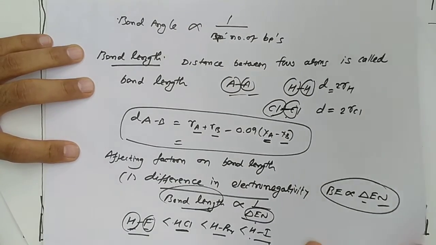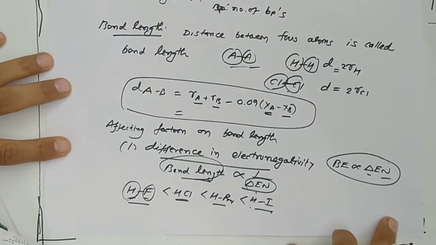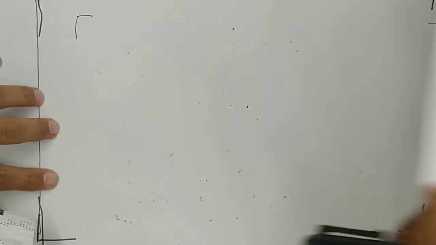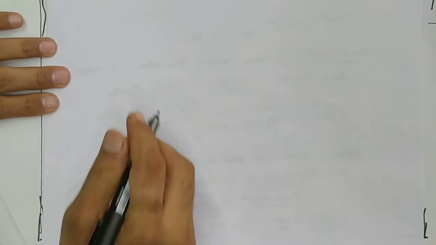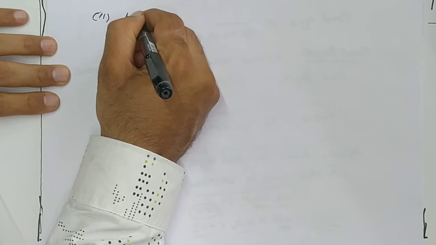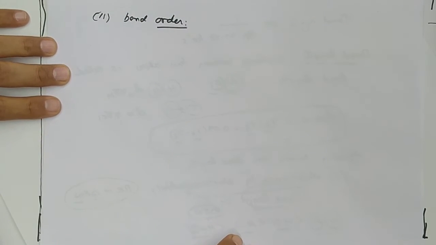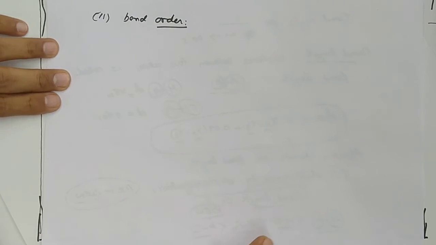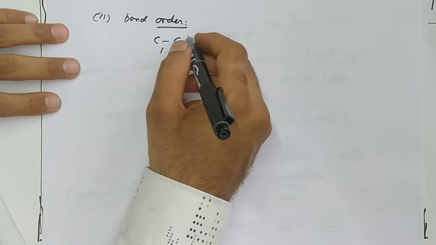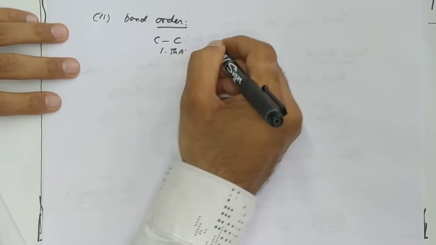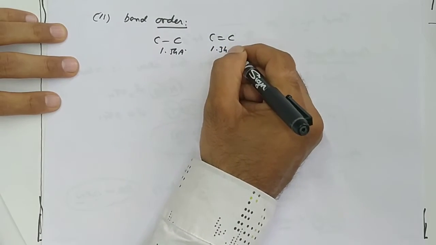Now bond order. The second affecting factor is bond order. Bond order also affects the bond length. Whenever carbon has a single bond, bond length is 1.54 angstrom, double bond 1.34.